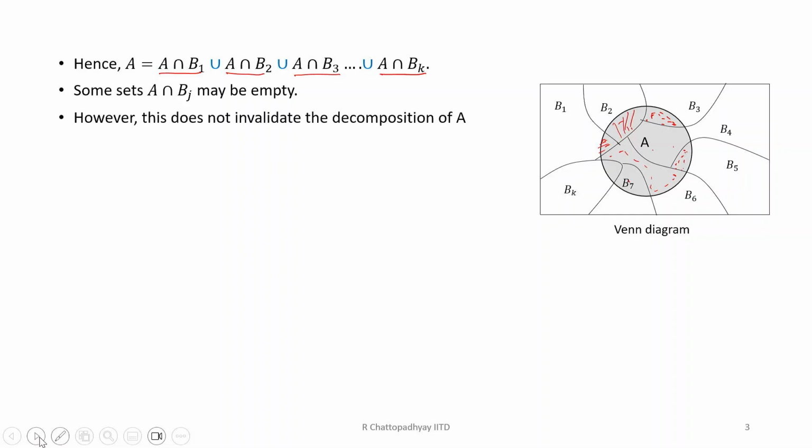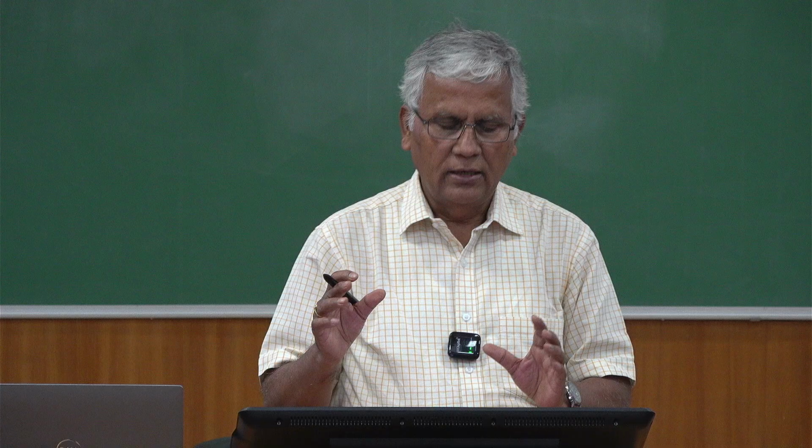The theory will still remain valid. However, this does not invalidate the decomposition of A. We will write the same way, but then we can write that those intersections are basically null because nothing exists. We can draw another diagram where A does not intersect one of these, B1, B2, B3, B4, whatever it is, and then we write that that intersection is basically null.